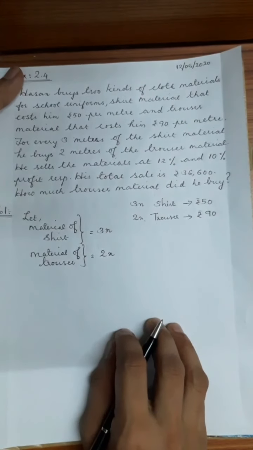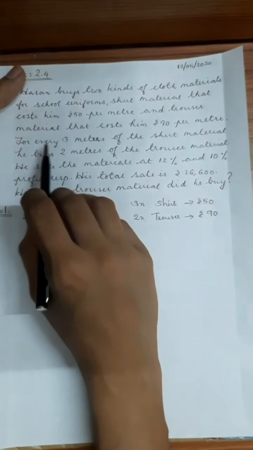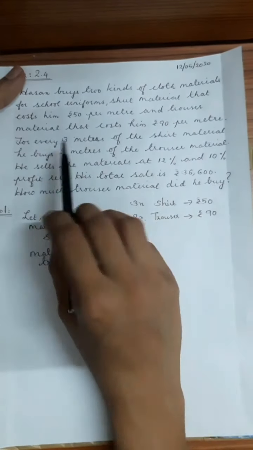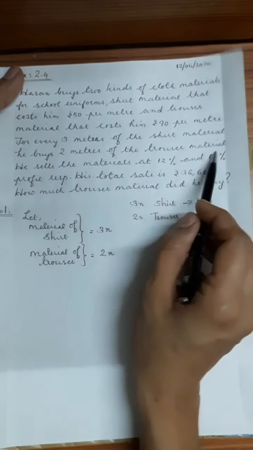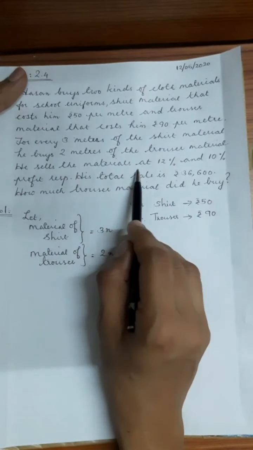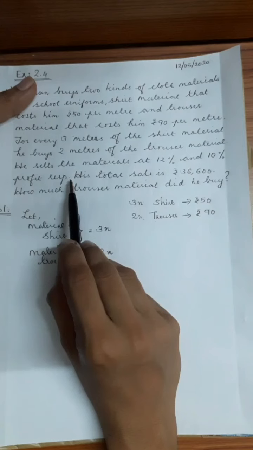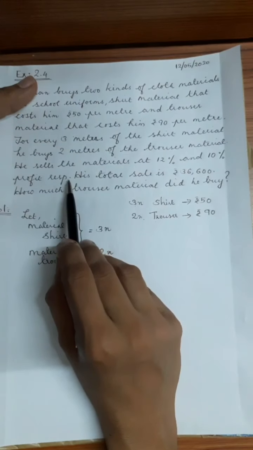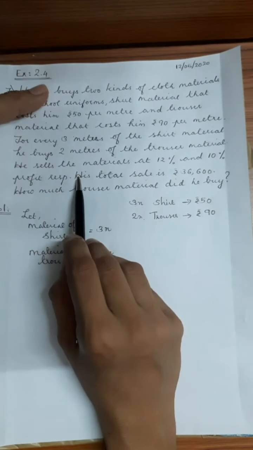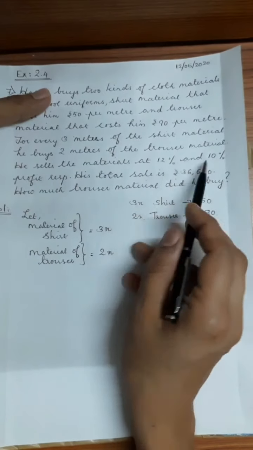So now what is given in the next step? For every 3 meters, he sells the materials at 12% and 10% profit respectively. Next it is said that the profit percentage is given for shirt and trouser.